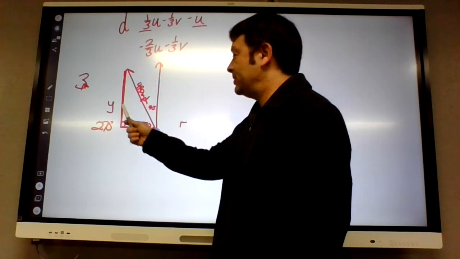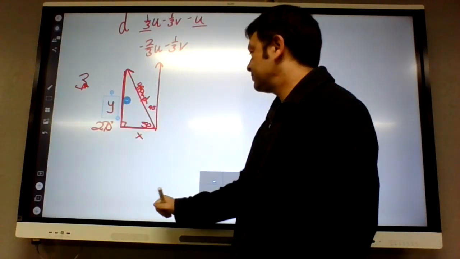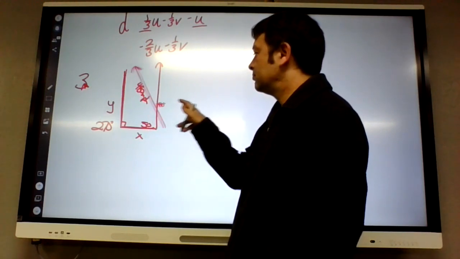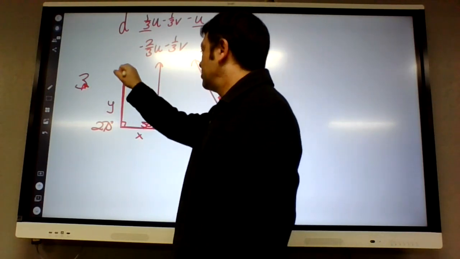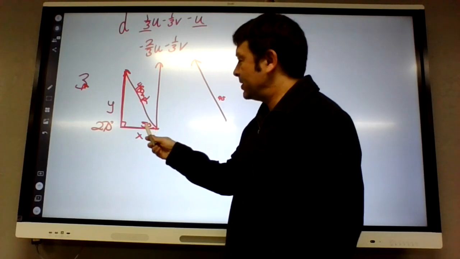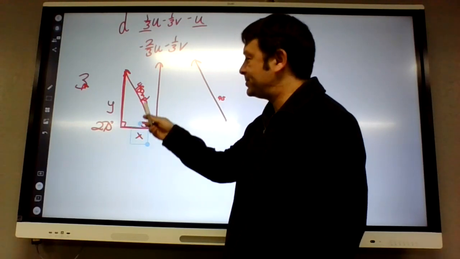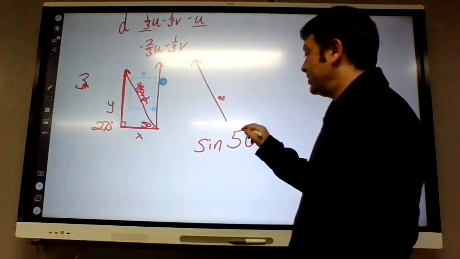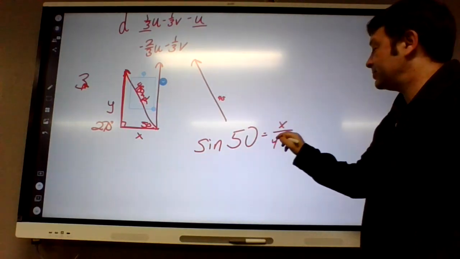How do I find these guys right here? More sine stuff. Relative to 50, we're looking for the opposite. We have the hypotenuse, so sine of 50 equals opposite over hypotenuse.